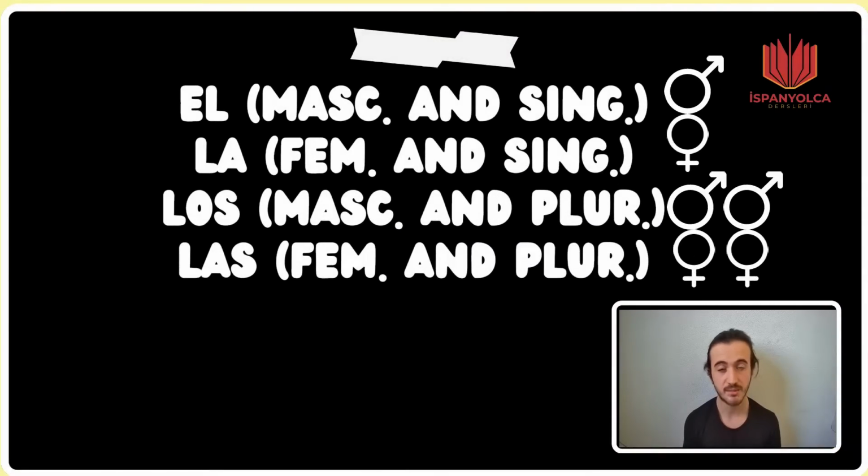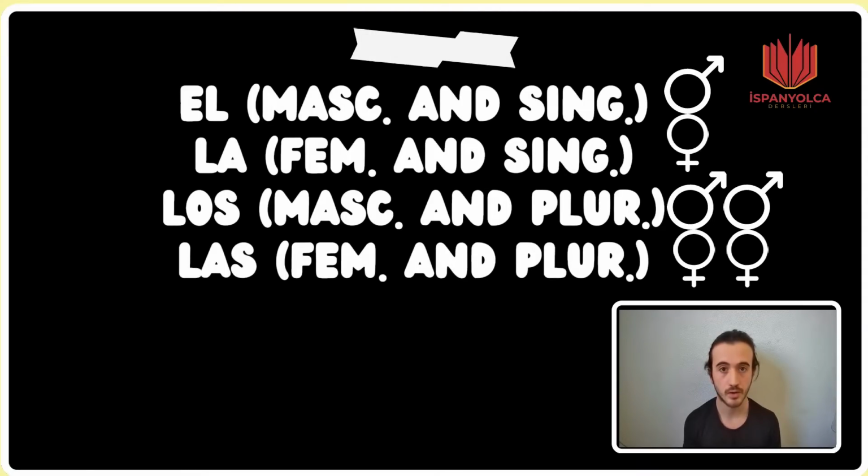As we've seen last class, Spanish, just like every other Romance language, has grammatical gender and number. Okay? A word in Spanish can be either feminine or masculine, as well as singular or plural. Depending on the gender and number of a word, you have to use a specific determinative article.